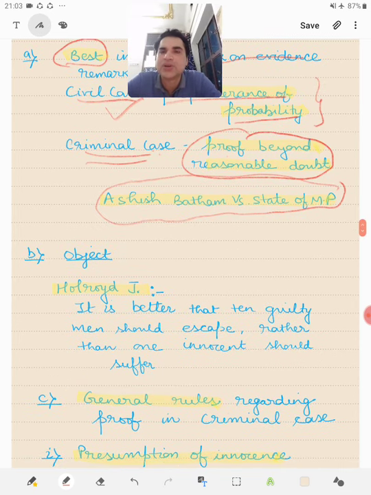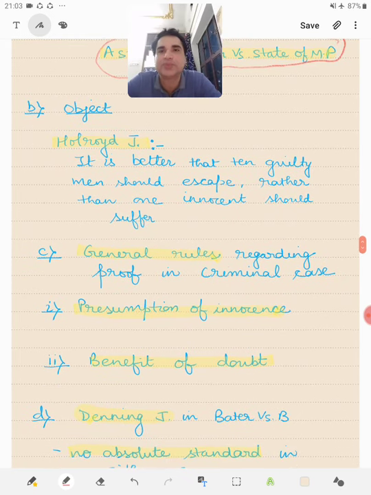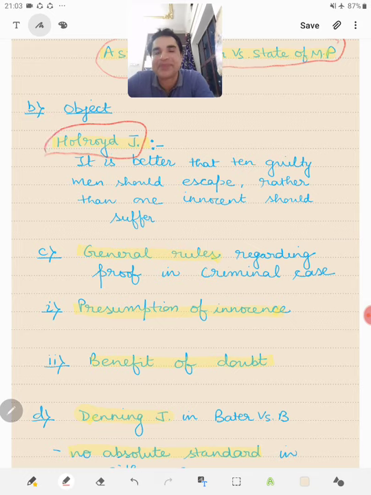Now, why is there this difference of degree or standard of proof? That was laid down by the famous Justice Blackstone, where he said, it is better that 10 guilty men should escape rather than one innocent should suffer.